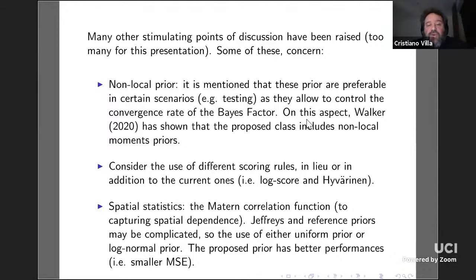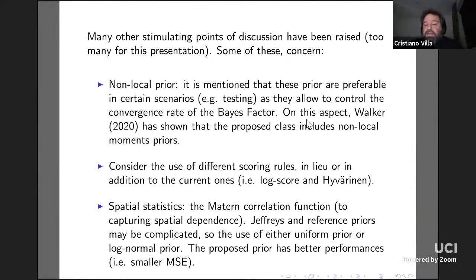Stephen has shown in a paper that actually the class of priors that we propose here has a subset of non-local moment priors. So the prior that we propose actually includes many types of densities. Some are proper, some are improper, decreasing, non-decreasing, convex, non-convex, and even local and non-local.